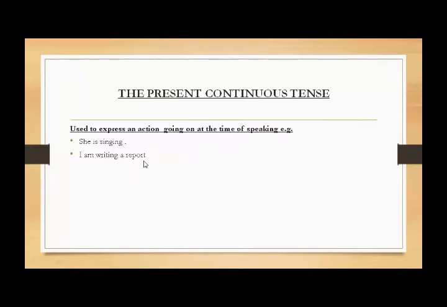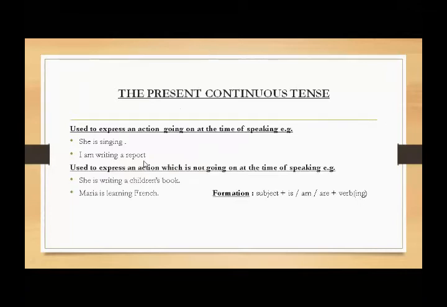Then there is one more use. It is used to express an action which is not going on at the time of speaking. For example, she is writing a children's book.